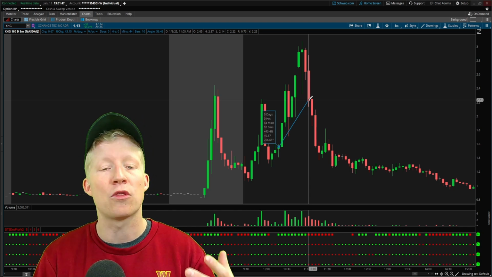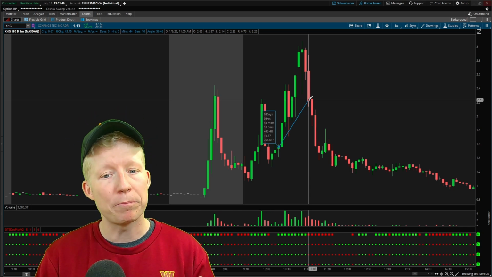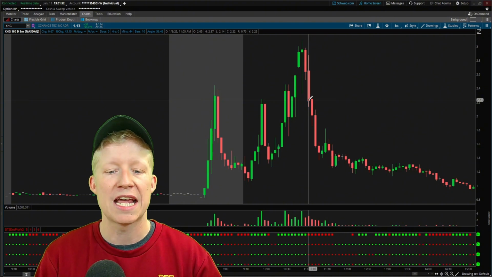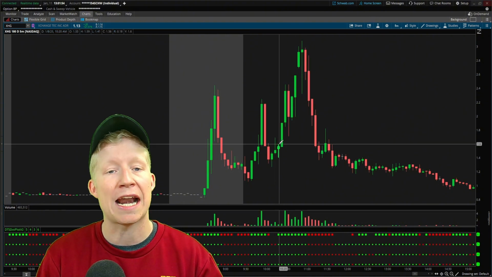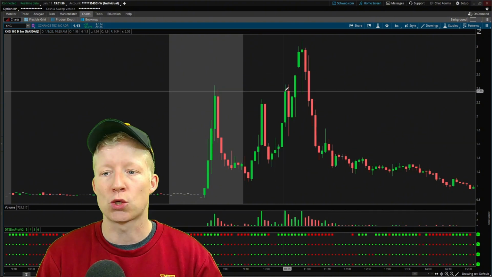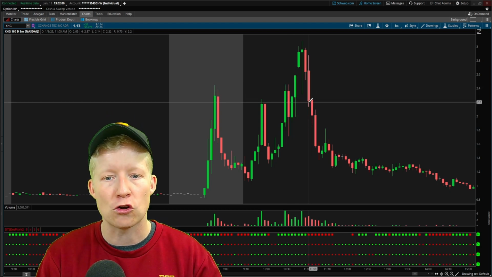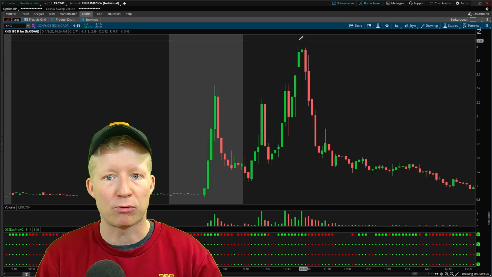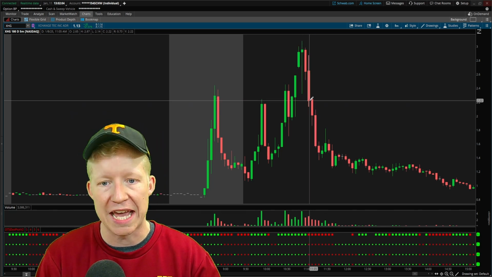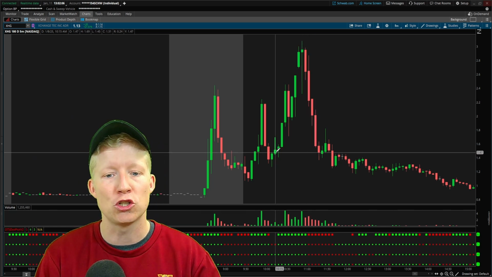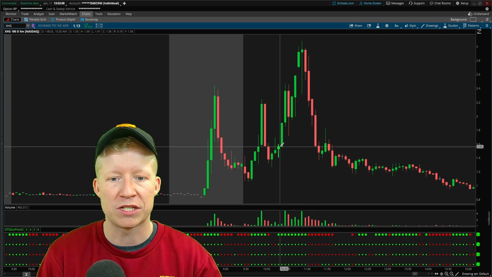And look at how the dots here help you with the timing of the entrance and exit. You get your first green dot at a really nice price. So you're not sort of chasing up here too high. Then you get your first red dot at a really nice price. This pullback is still kind of rough, yes, but getting out at 222 and locking in over, what was it, 40% of profit?